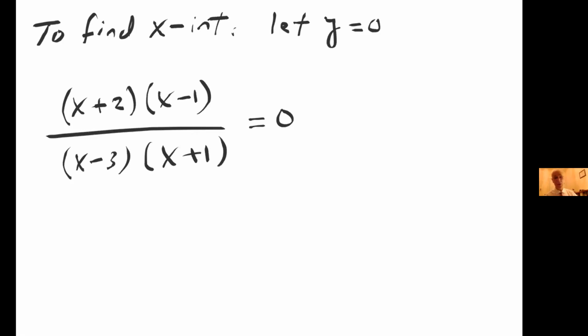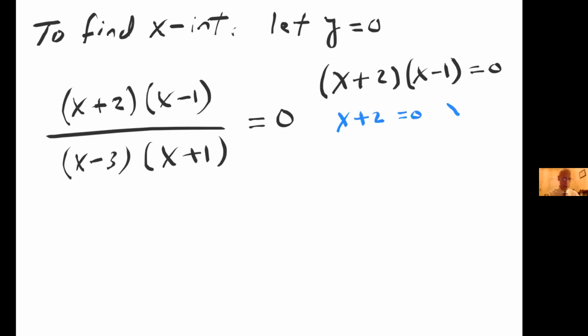I cannot set the denominator equal to 0. If I say (x plus 2)(x minus 1) equals 0, using the zero product property, I get x plus 2 equals 0 and x minus 1 equals 0, and I get x equals negative 2 and x equals positive 1.